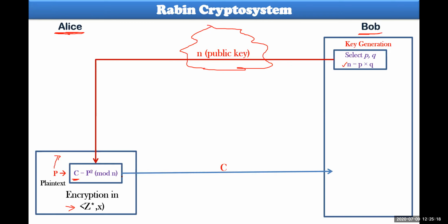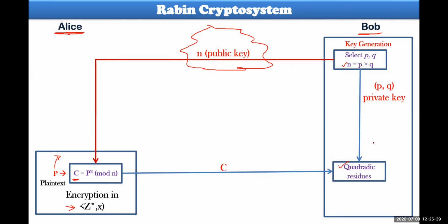Bob receives that, and Bob has P and Q as the private key. Using that private key, and using quadratic residues, we will come across how this can be done. I'd like to explain everything using one example.